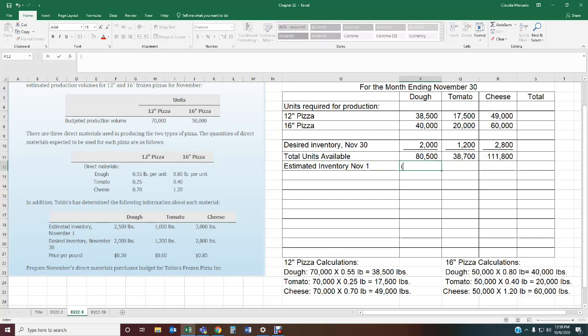So according to the problem, we had 2,500 pounds of dough. We had 1,000 pounds of tomato, and we had 3,000 pounds of cheese. Okay. Now we can figure out how much actual materials I need to purchase.